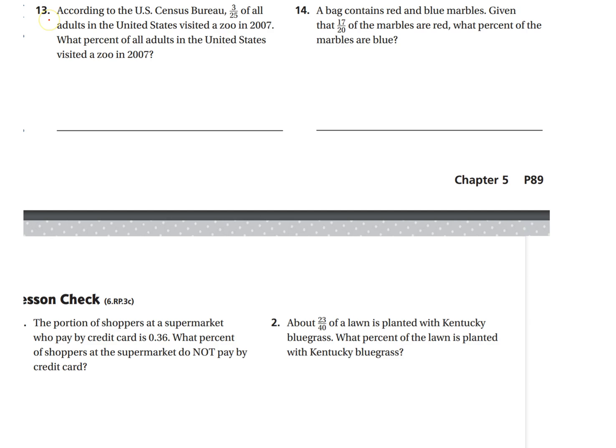All right, number 13, according to the U.S. Census Bureau, 3/25 of all adults in the United States visited a zoo in 2007. What percent of all adults in the United States visited a zoo in 2007? So I need to change 3/25 to a percent. That means per 100.